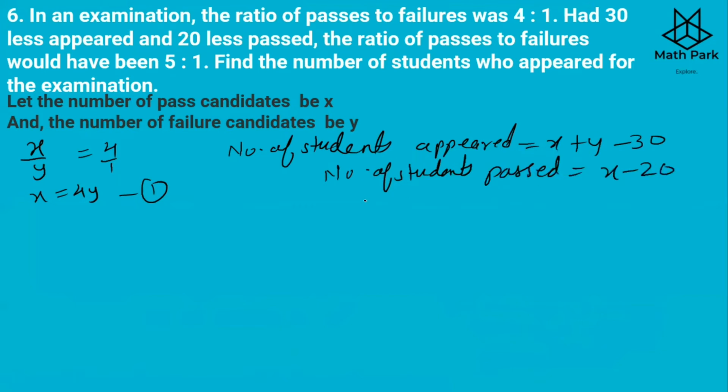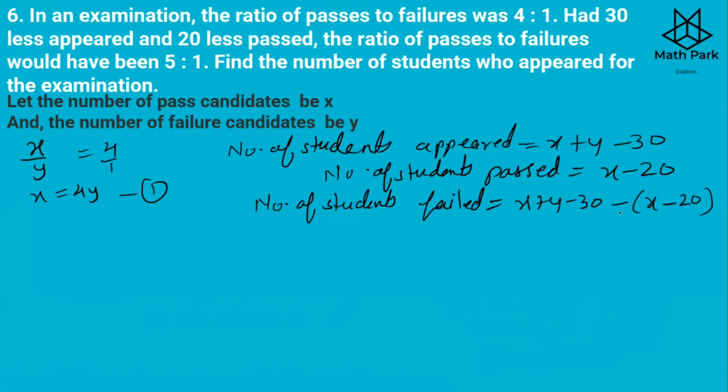Got it? Then the number of students failed will be equal to the number of students appeared, X plus Y minus 30, and let us subtract the number of students passed, which is minus X minus 20. These 20 are less.